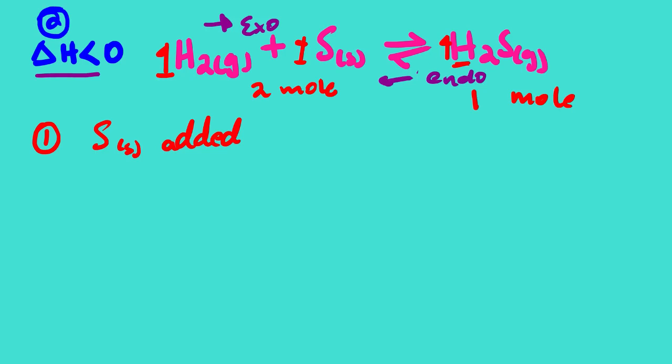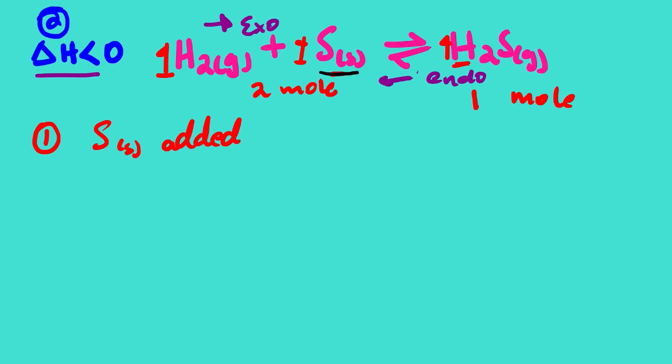Now the first change, we add more of this. You should understand something. Basically, Le Chatelier's principle is based on compression and stressing the gases. In this case, we can see that sulfur is in a solid phase.